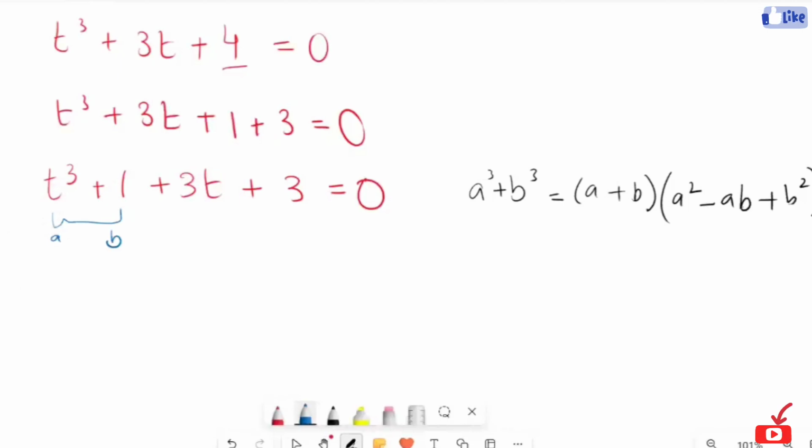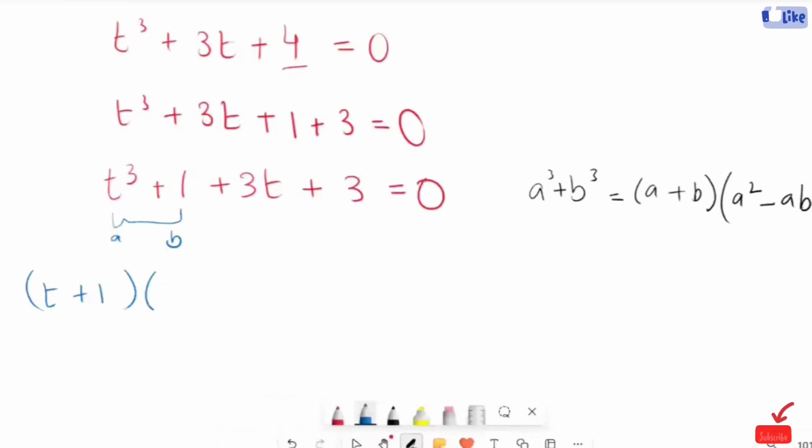So t³ + 1 is (t + 1)(t² − t + 1). And here I'm going to take the common of 3, plus 3(t + 1), and this t + 1 remains the same, equals 0.